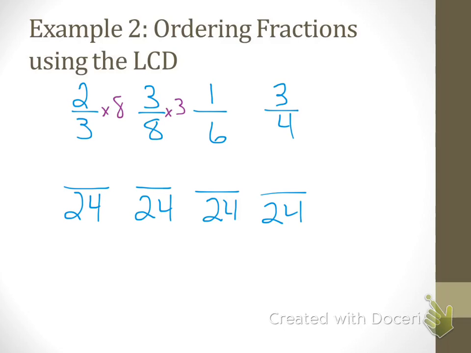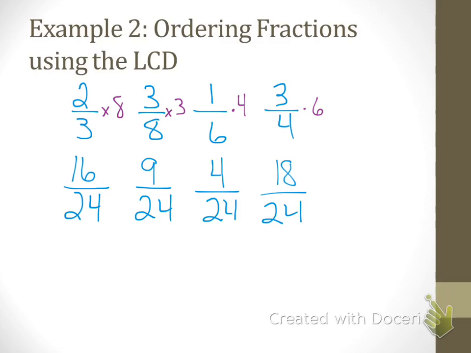On my third fraction, what am I going to multiply by? 4. And on my fourth fraction, 6. Very good. So now go ahead and multiply these out and write your new numerators. All right, so let's go through them. What's my first fraction? It's going to be 16 over 24, 9 over 24, 4 over 24, and 18 over 24.